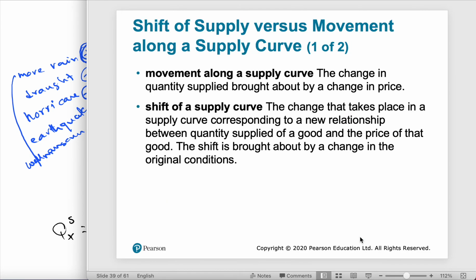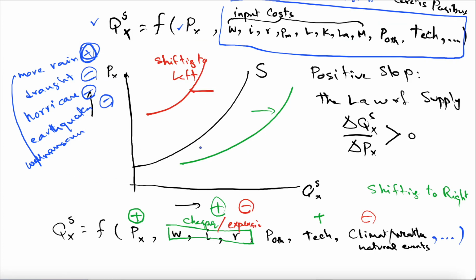So again, we have movement along versus shifts, which I already explained. Movement along is like you are moving from this point to this point to this point, and this is only when the price of the same commodity changes and everything else remains the same.